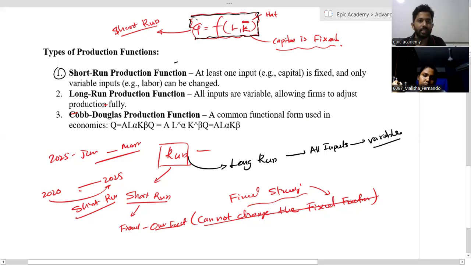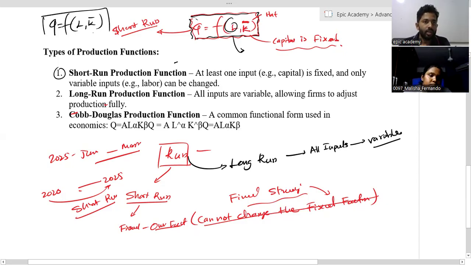K is fixed. That means one input is fixed. You can change only labor inputs. If I write down something like Q equals F within brackets L, K hat, this belongs to the short run production process.